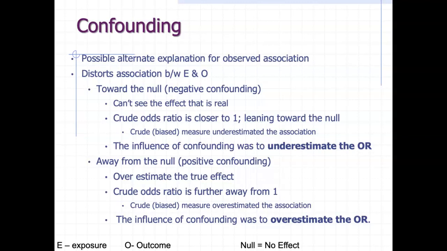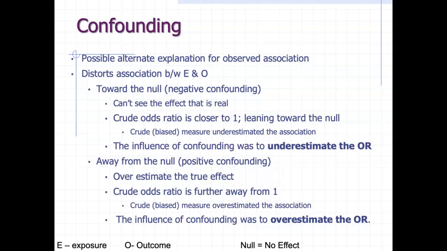So when you have that confounding present, when you have that bias present, it is going to cause either negative confounding or positive confounding. When we're talking about negative confounding, we're looking at that crude odds ratio, which is a biased measure of association, compared to the adjusted measure of association.